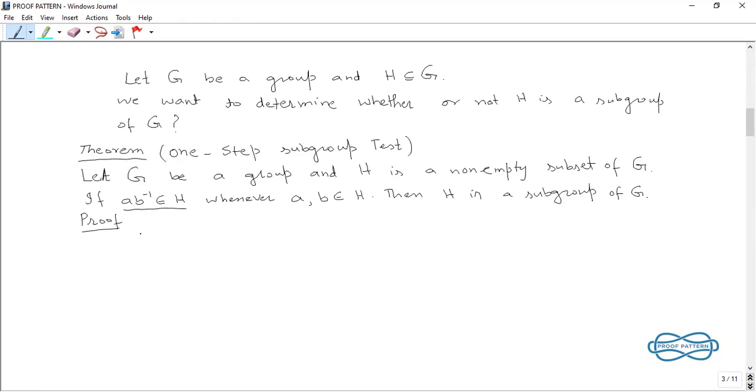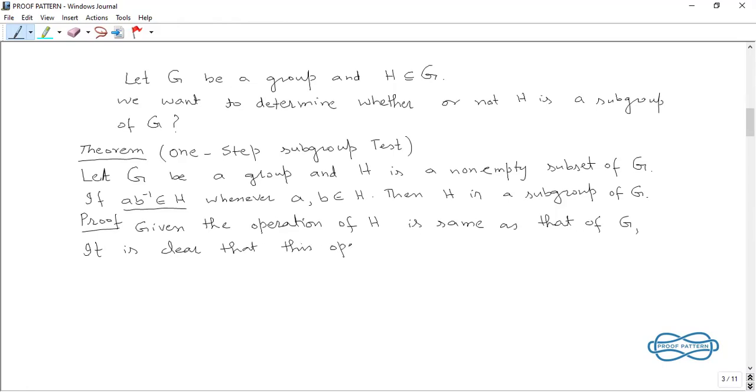Whenever two elements A and B belong to H, we have to check that A B inverse belongs to H. Given the operation of H is the same as that of G, it is clear that this operation is associative.